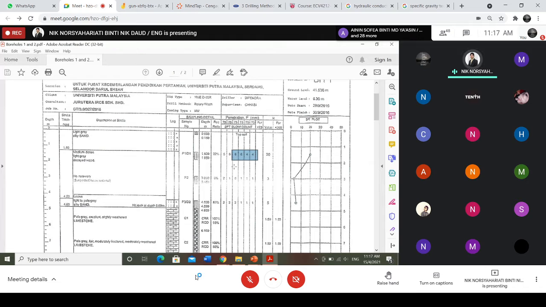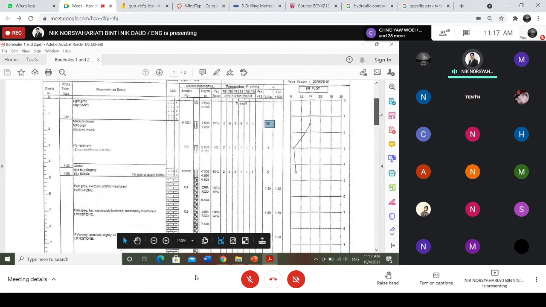Then to get the N value, you add up the rest of the SPT blow counts, the second and last 150 millimeters. That's why you got 20. Once you have this number, you can plot the SPT plot, the N value versus the depth of your borehole, right?